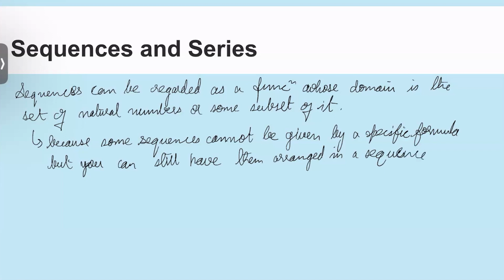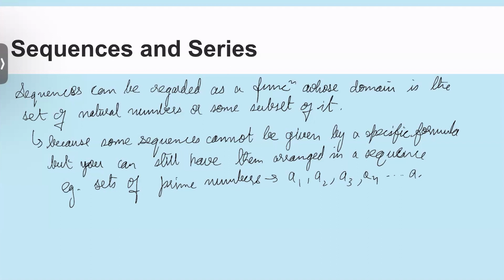The example is the set of prime numbers. So in prime numbers, you can write it in terms of A1, A2, A3, A4, up to AN.